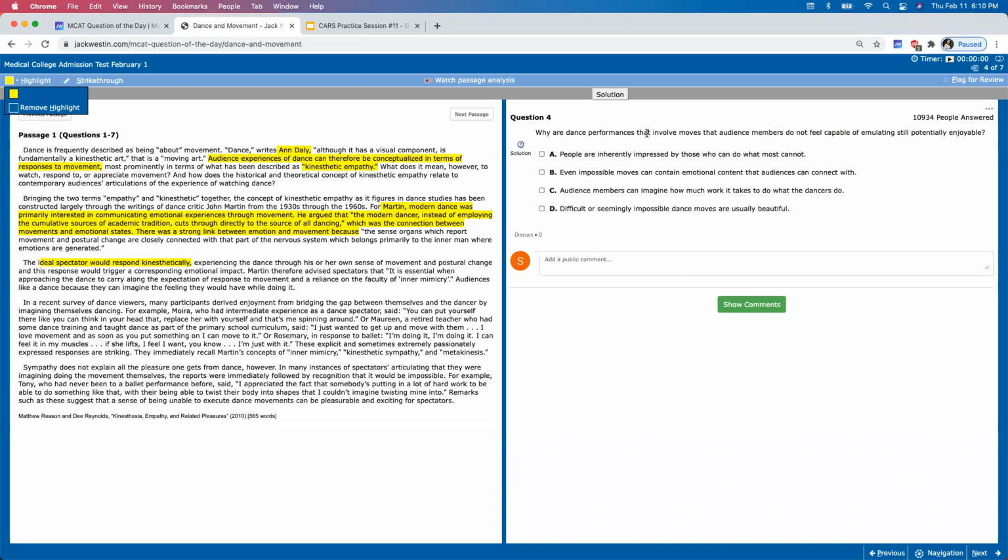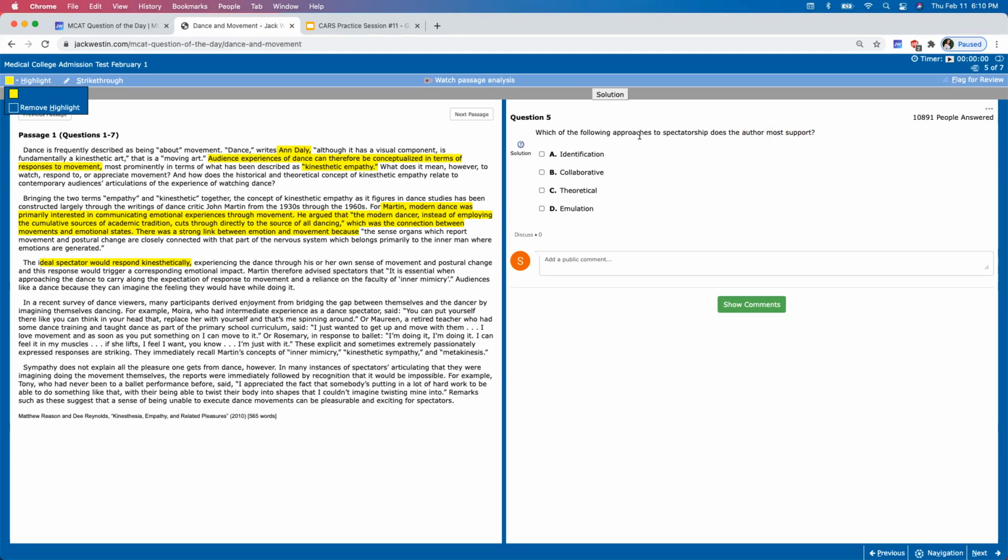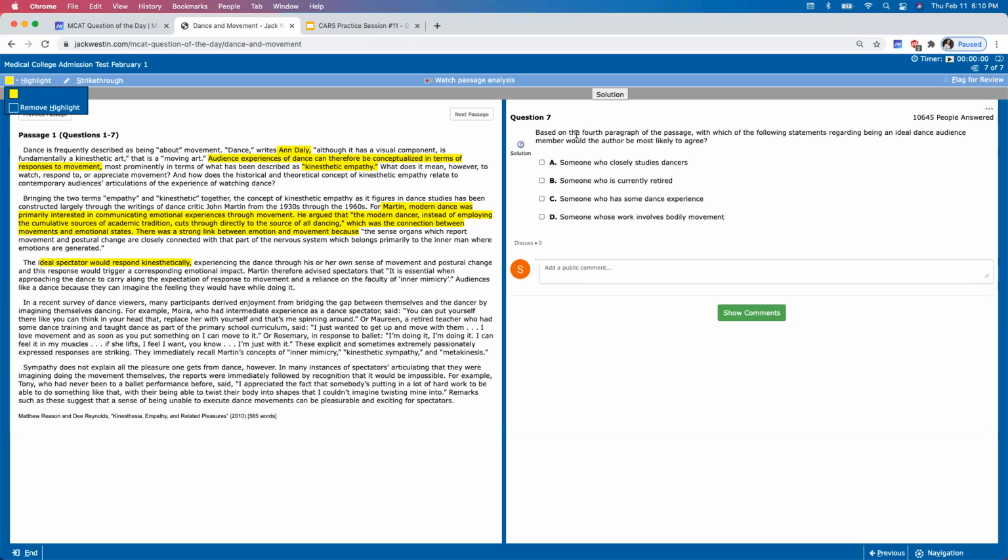Why are dance performances that involve moves that audience members do not feel capable of emulating still enjoyable? Which of the following approaches to spectatorship does the author support? The word kinesthetic is used in the sense of, and based on the fourth paragraph, which of the statements regarding being an ideal dance audience would the author be most likely to agree?